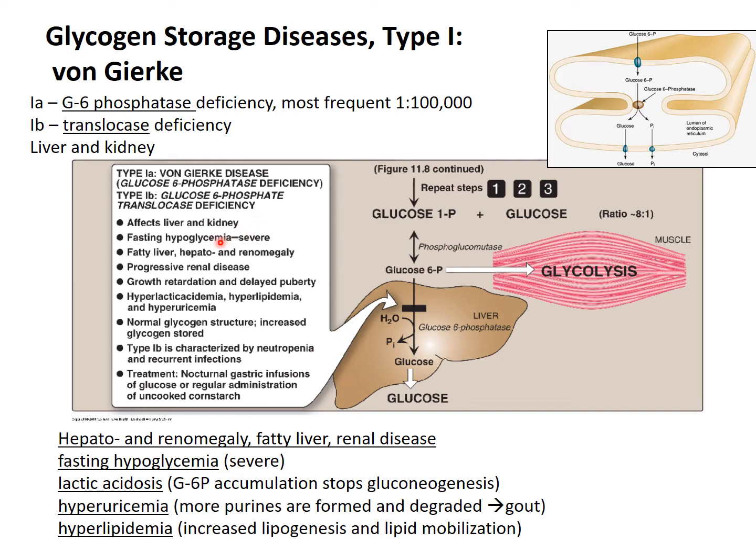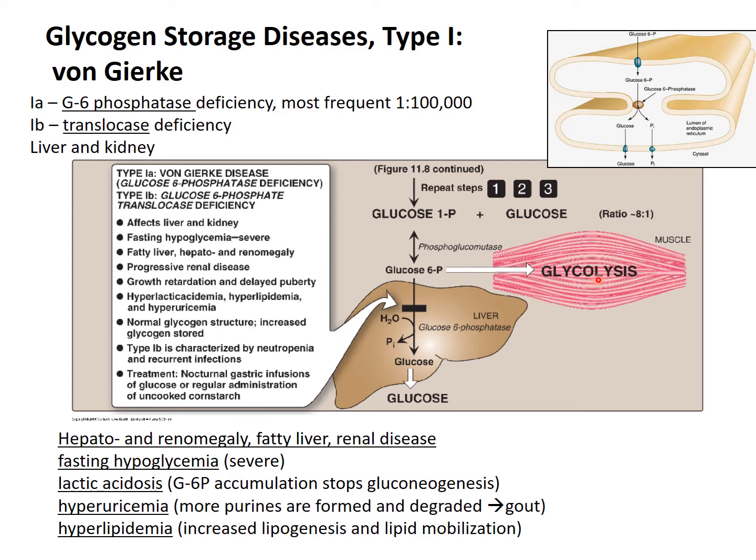So there will be hypoglycemia, of course, fatty liver, hepatorenal progressive renal disease, growth retardation, delayed puberty, lactic acidemia, hyperlipidemia, hyperuricemia, and so on. Very serious metabolic derangement because of the lack of this single enzyme or the translocase.